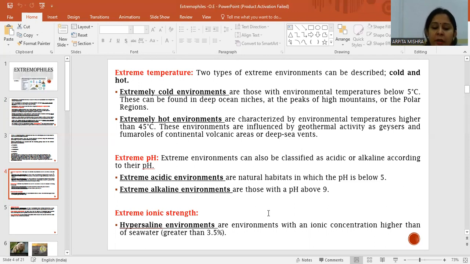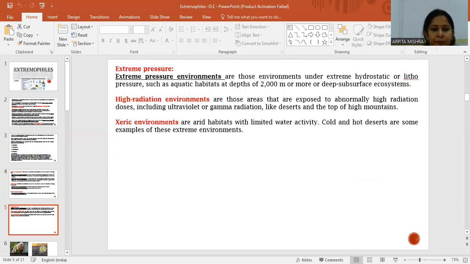Now, there are some organisms which can survive at extreme salt concentrations, and those are known as halophiles. We have extreme pressure also as an extreme condition. So there are organisms that can survive at extreme high pressure, and we call them barophilic organisms.